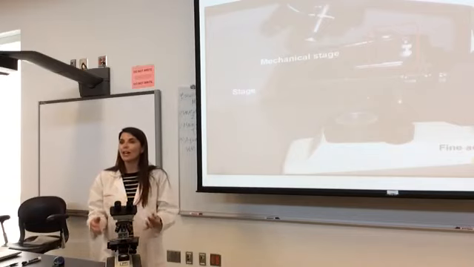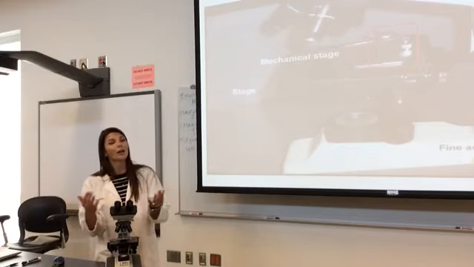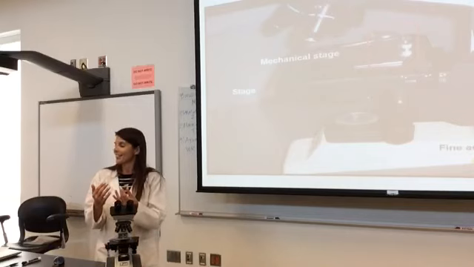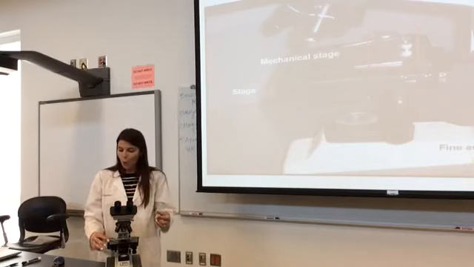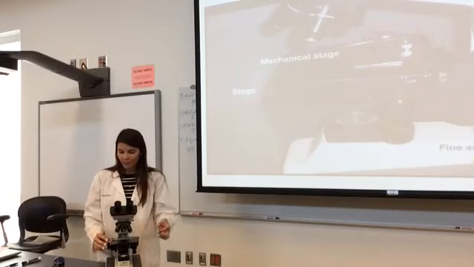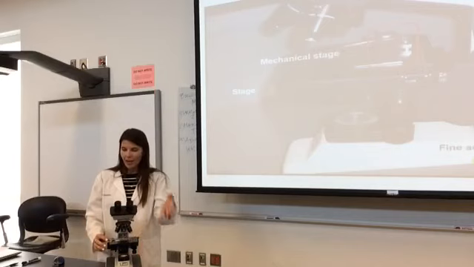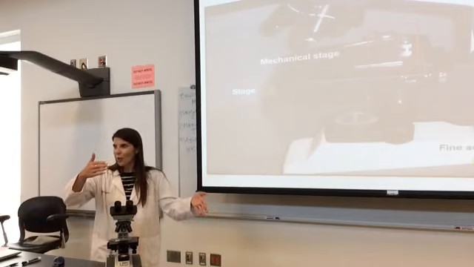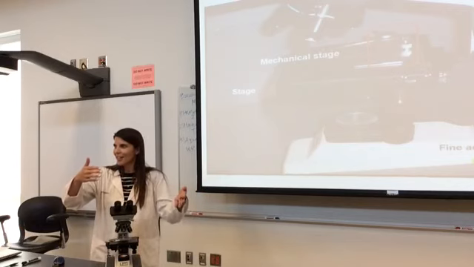This mechanical stage was designed to hug your slide. Hug it. So you open your mechanical stage, you place your slide in there, in that top right corner, and when you release it, it holds your specimen snugly.